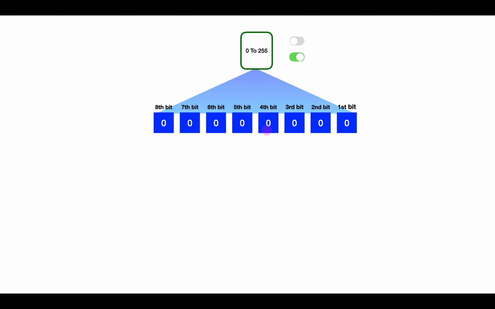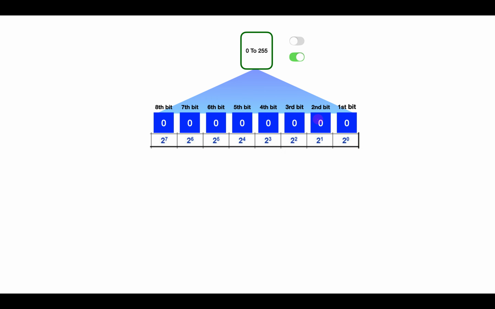So what is the predefined value? From the first bit till the 8th bit, it is 2 to the power 0, 2 to the power 1, 2, 3, 4, 5, 6, and 7. That is the predefined value of each bit, starting from the first bit, from right to left.